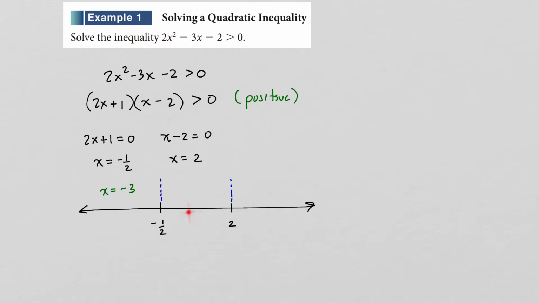Then I'm going to pick a number that is in between negative 1/2 and positive 2, and the number that I choose here is x equals 1. And finally, I'm going to pick a number that is greater than 2, and the number I choose for this is x equals 7. Now again, these are random choices.